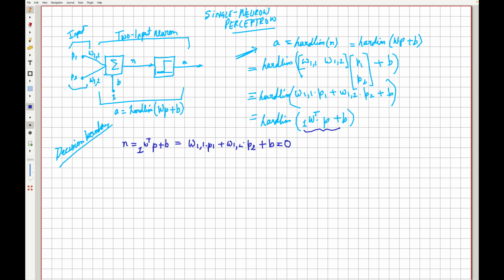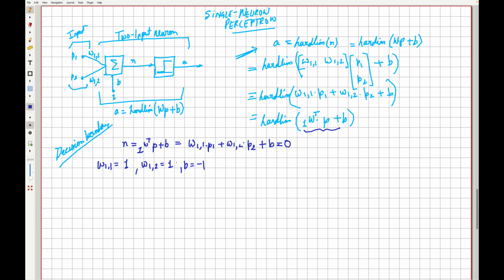And with this boundary condition, we can separate the classes, positive and negative class. To convert this into an example, you can assign some values to 1w. Let's say that w11 is equal to 1 and w12 is equal to 1 as well, and the value for the bias b is -1.